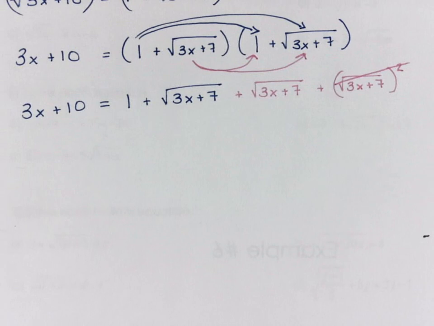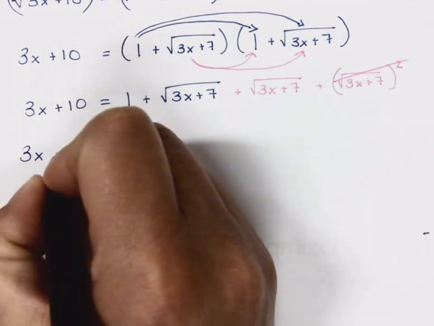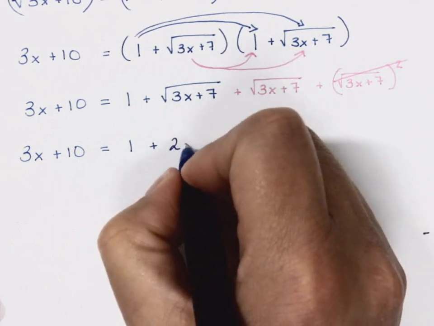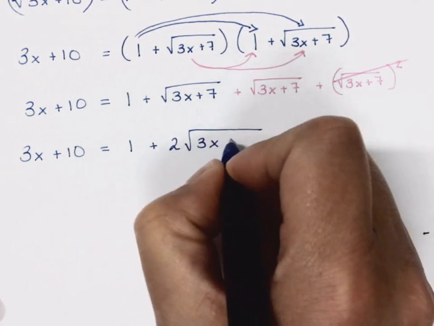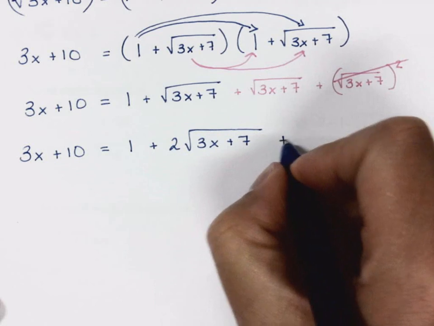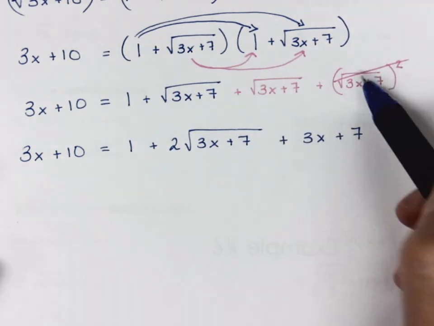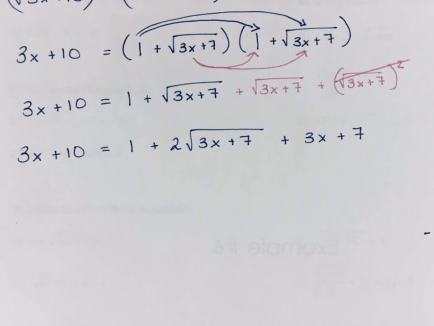All right, I know you're super excited by this. So now I'm going to combine some like terms. So I have 1, I have 2 of those radicals, and then I have plus 3x plus 7, because the square canceled out the root. Okay, I'm not done.